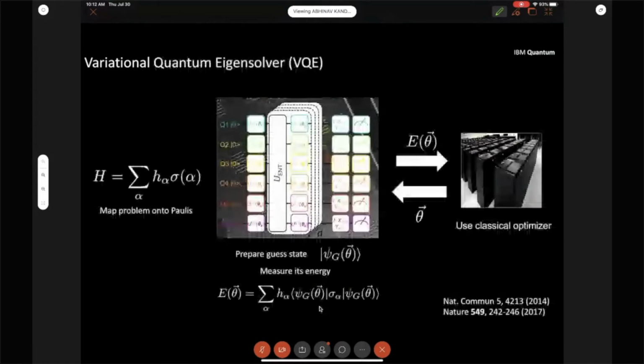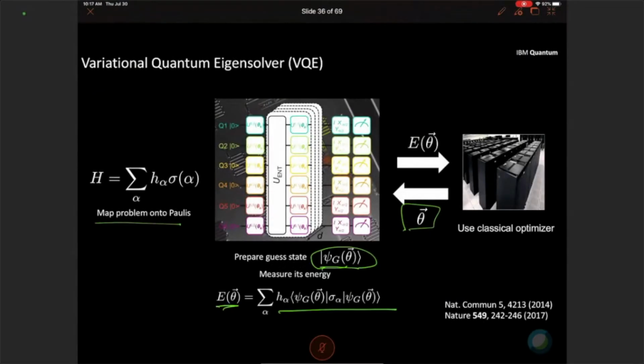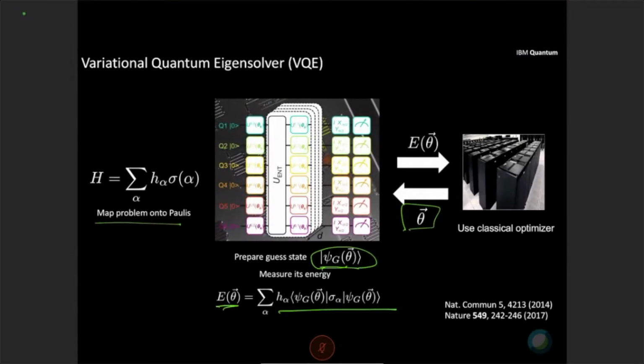Okay, and eventually, hopefully, if your guess is reasonably good enough, you converge to the ground state. Okay, so this is a very key slide. I know this has been covered yesterday, but just in case someone hasn't followed anything about the variational principle or the variational quantum eigensolver. Okay, so that's where we were.